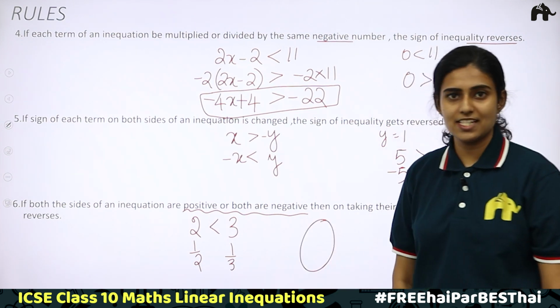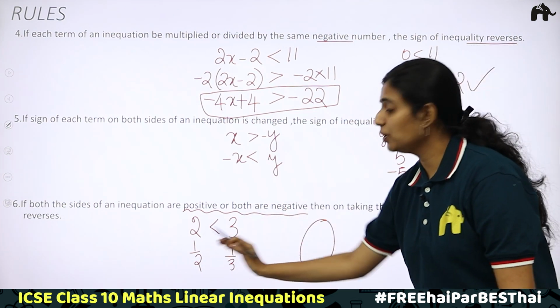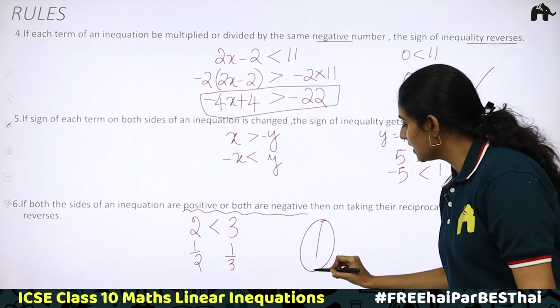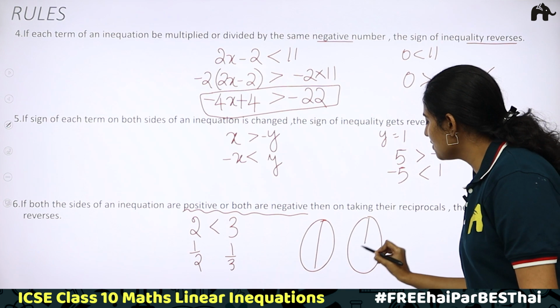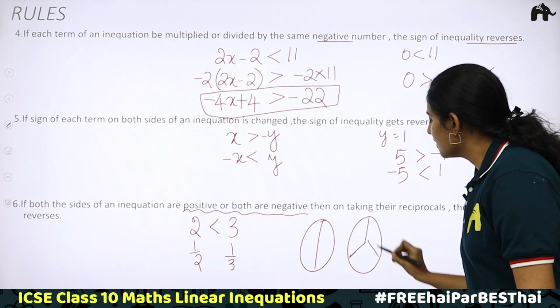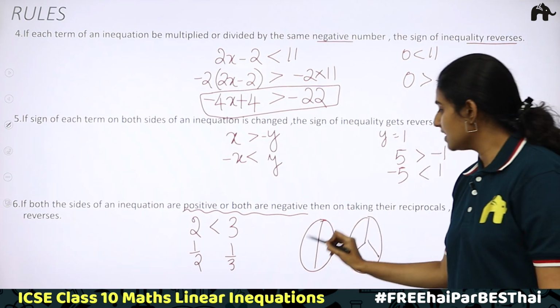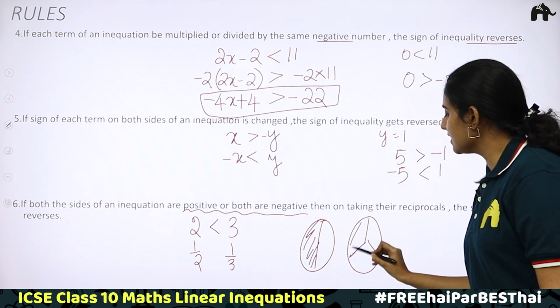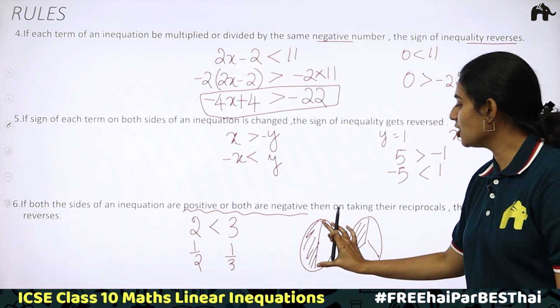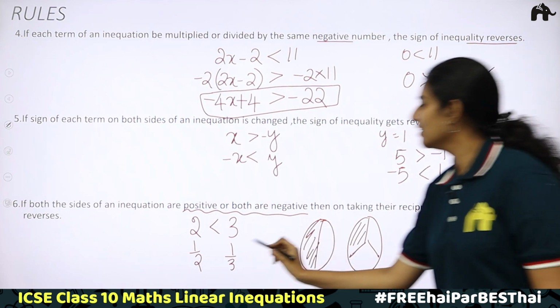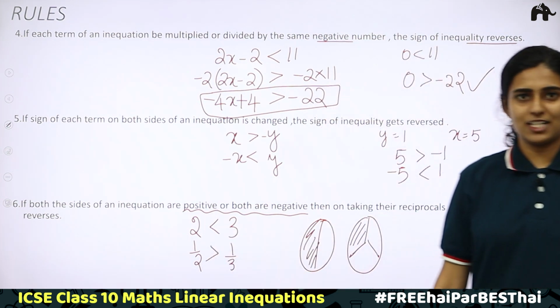If I divide the circle into 1 by 2 part, that is half part, or I divide the circle into 1 by 3 part, which part will be greater? This side or this side? This is 1 by 3, this is 1 by 2. We are sure that 1 by 2 is greater. So our sign will become like this.